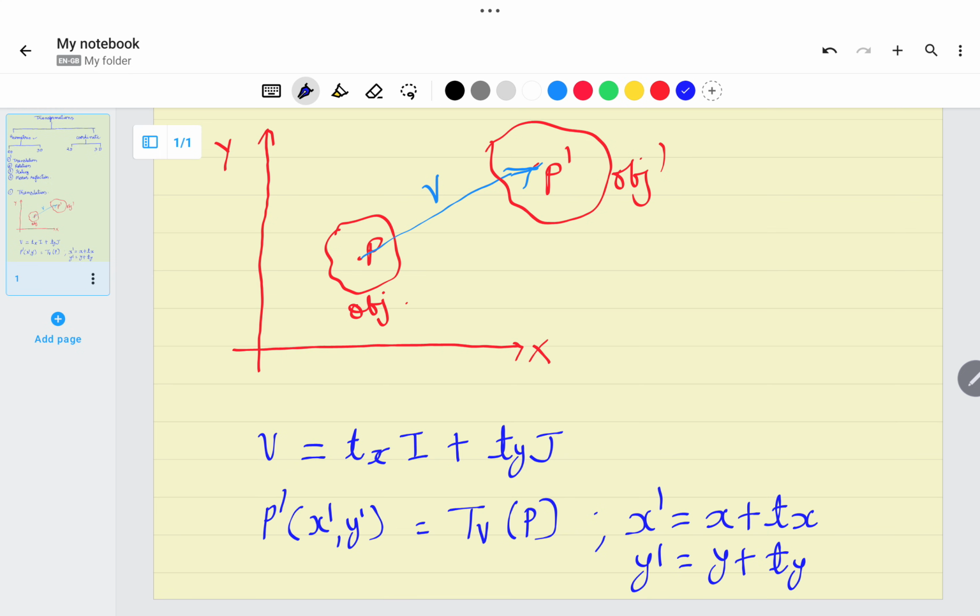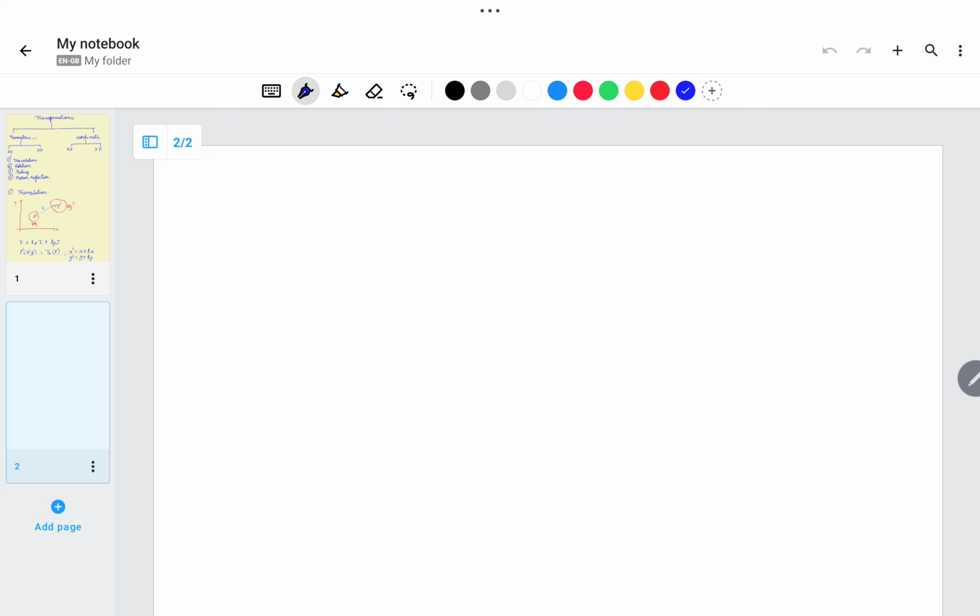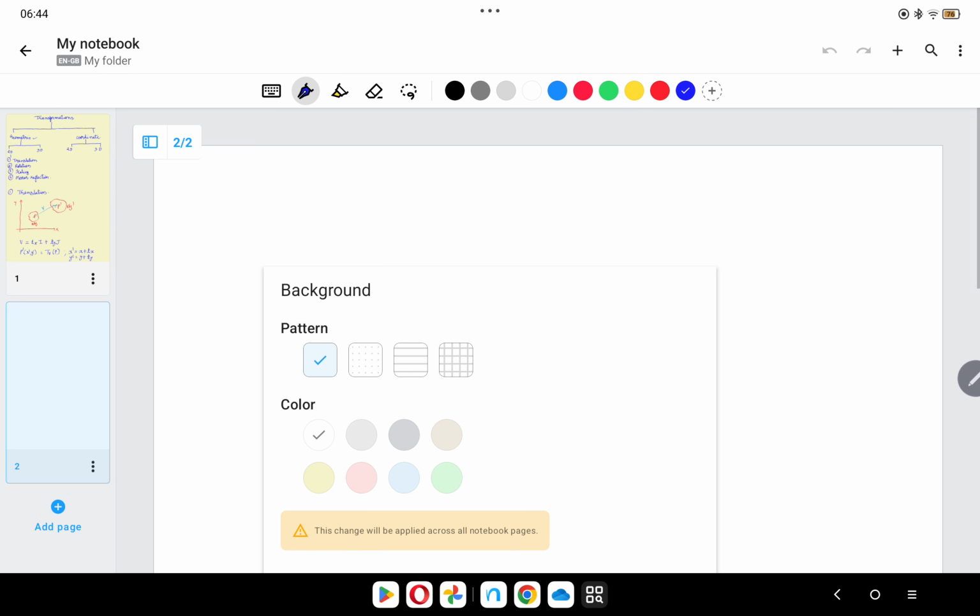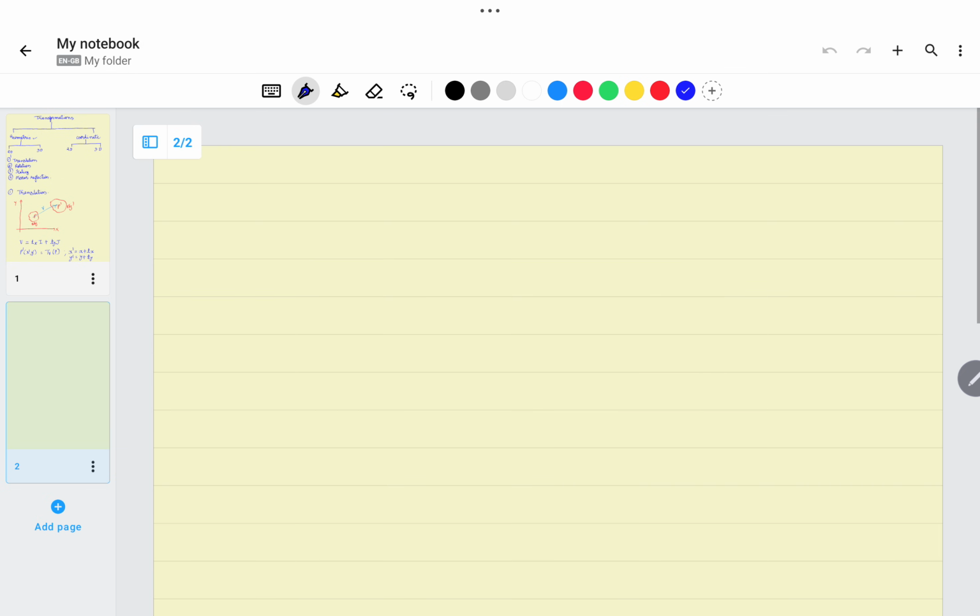This is translation. Now let us see the second transformation, that is rotation. Just try to understand this with the help of a sketch.